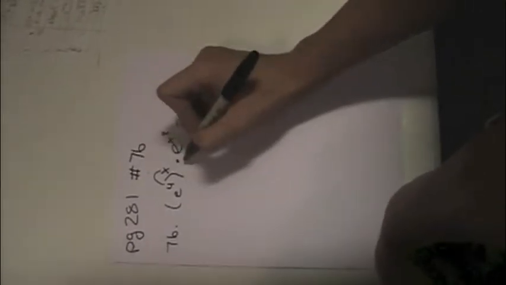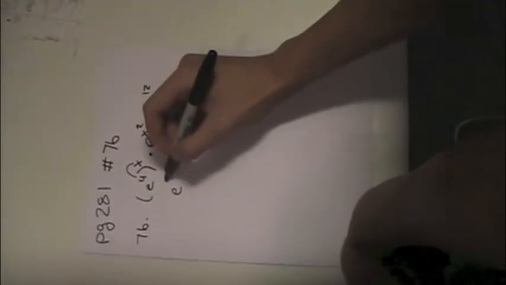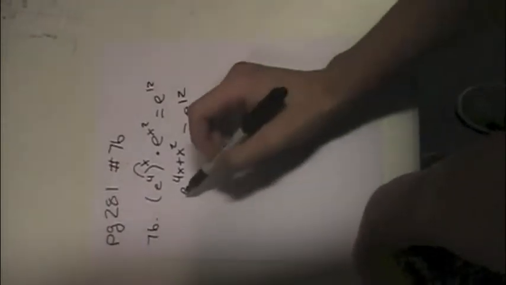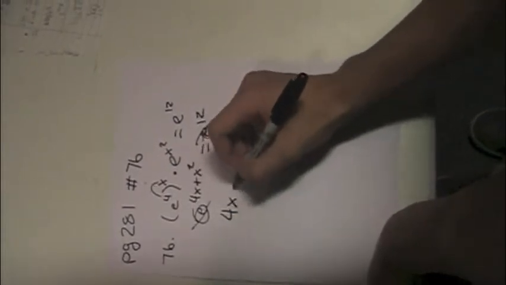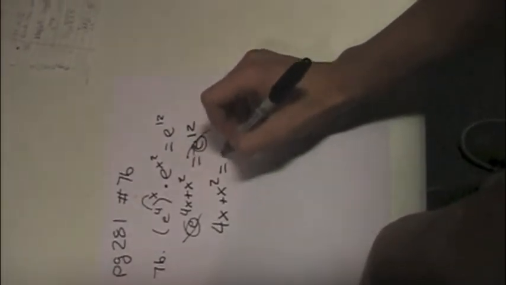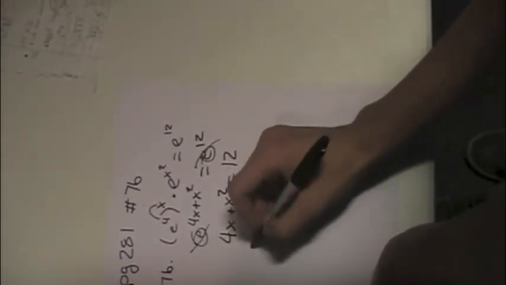So we can multiply these together, and we can add this part to this exponent, this part to this exponent, since the bases are the same. So this is e to the 4x plus x squared equals e to the 12th, and since these bases are the same, you can cross them out, and then it's 4x plus x squared equals 12.